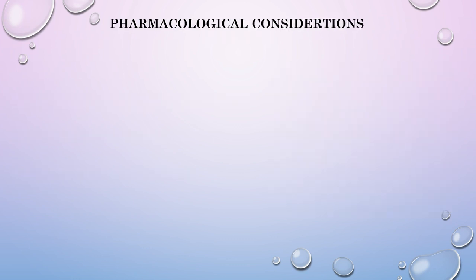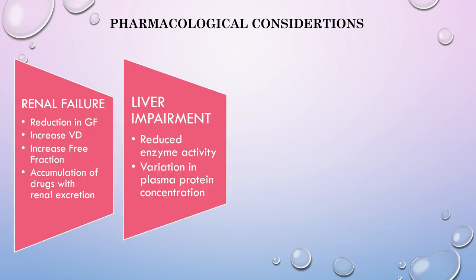3 days. Before talking about the different kinds of drugs that we use, I will take some general pharmacological considerations. We need to take into account that intensive care unit patients can have renal failure or liver impairment or both together. And this can lead, for example, to an increase in the free fraction of the drug and can change the behavior of our drug.